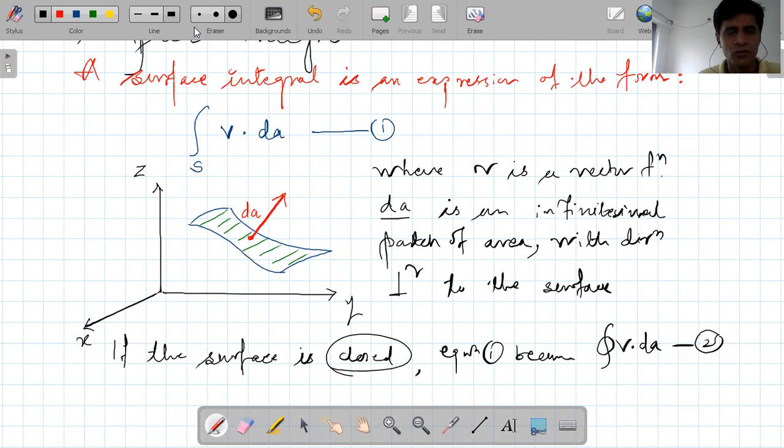But for an open surface, generally S is arbitrary. Here we describe the flow of fluid, that is mass per unit area per unit time. Therefore the integration of V dot dA also represents the total mass per unit time passing through the surface. Hence, an alternative word for surface integration is the flux.